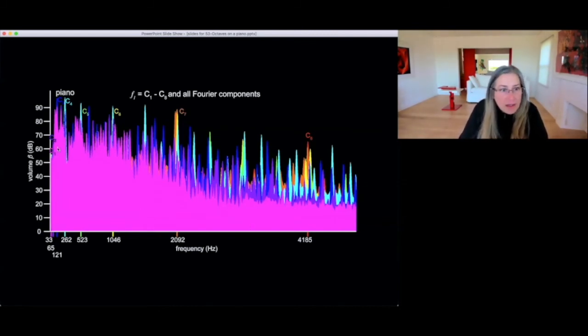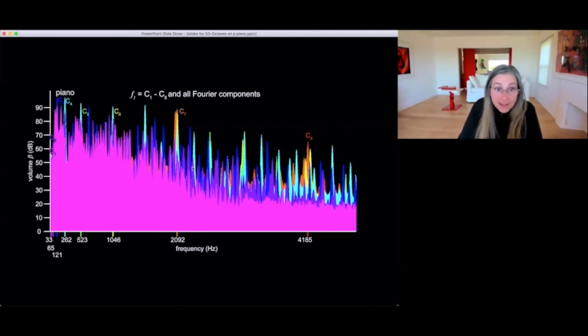As you can see, C1 and C2 have a tremendous number of higher partials, about half of which are barely audible. Above 2000, there's nothing above 40 decibels, so I don't think we're going to hear anything at these higher frequencies, but there are very many components. I counted 50 higher partials of C1 and something like 30 or so for C2.